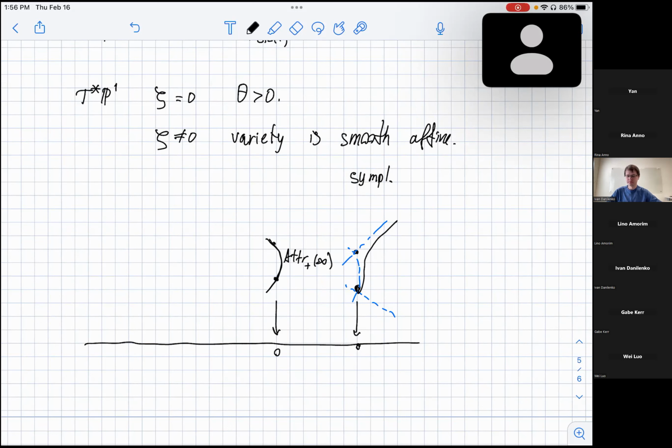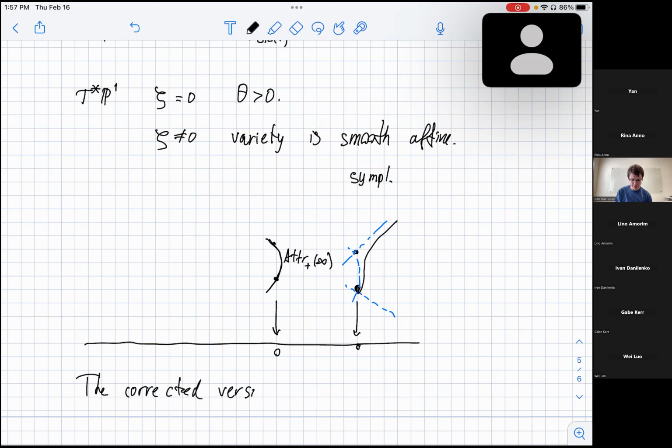Of course, the cis direction being translated to the character variety from moduli of Higgs, it becomes quite complicated. It's subject to this non-abelian Hodge theory.